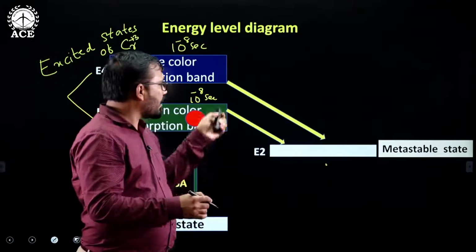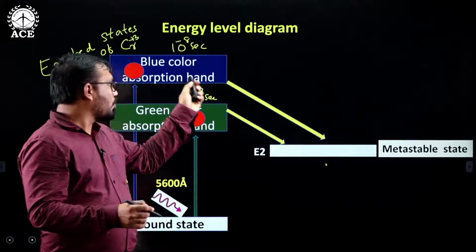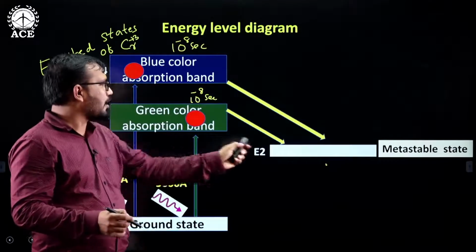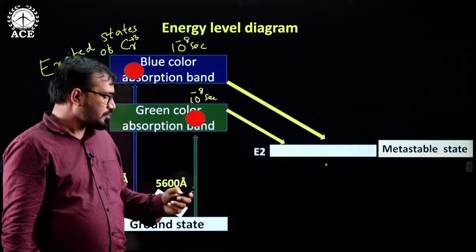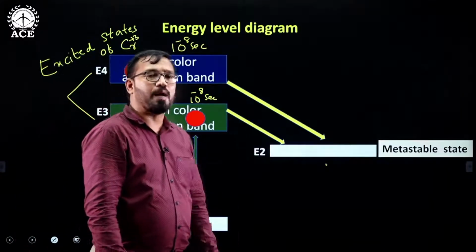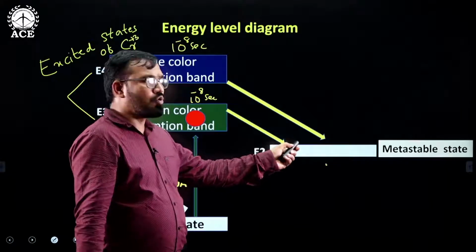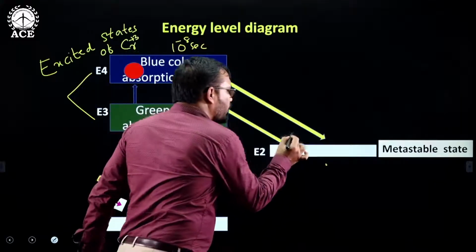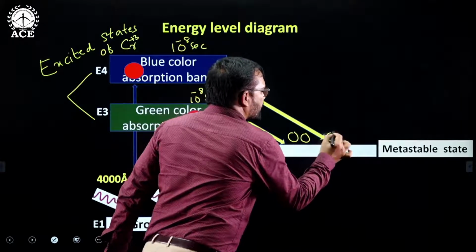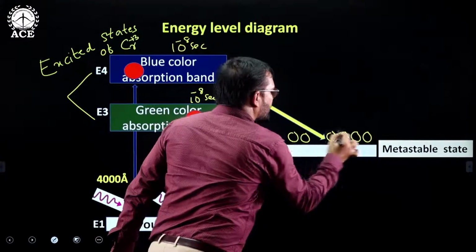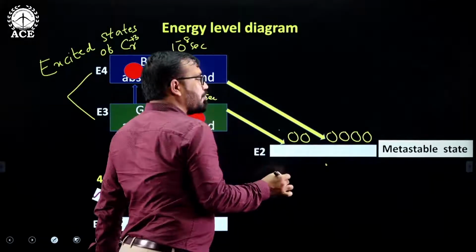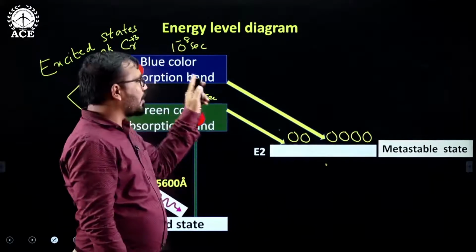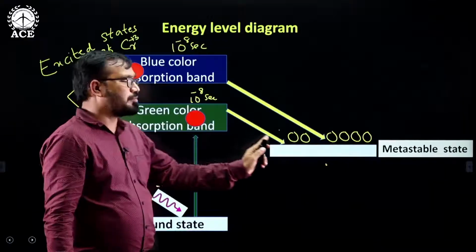So atoms transition from the blue color band and the green color band to the metastable state. You will get chromium ions here. These chromium ions come not only from the blue color band but also from the green color absorption band.